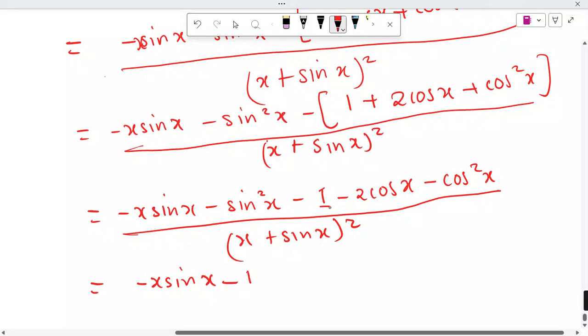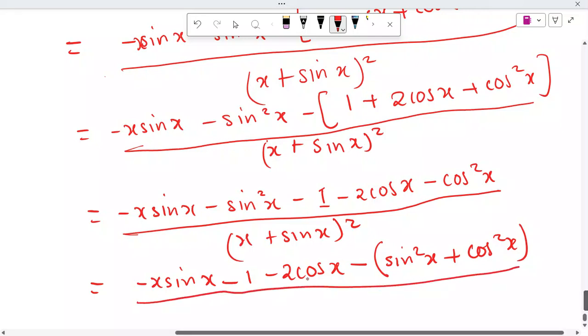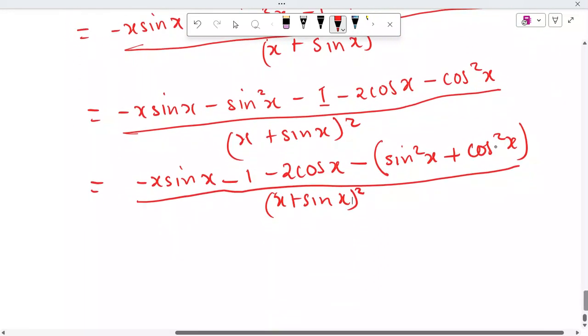Then let's take out the negative, so this will be sine squared x plus cos squared x, and in the brackets here it will be 1.